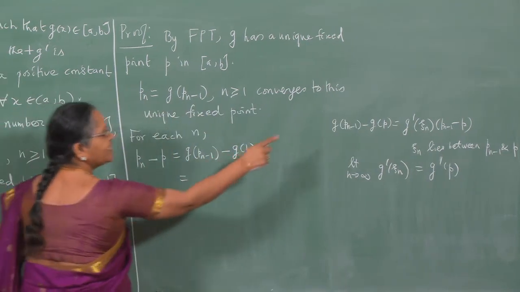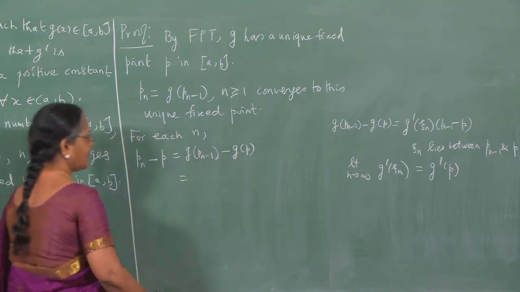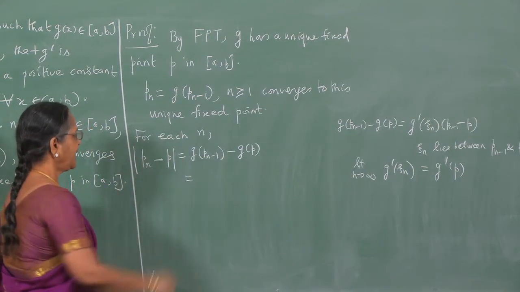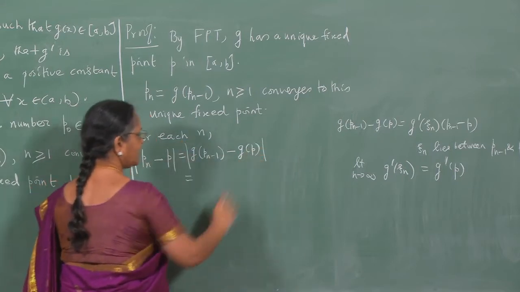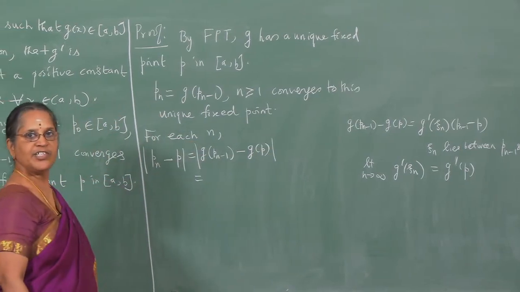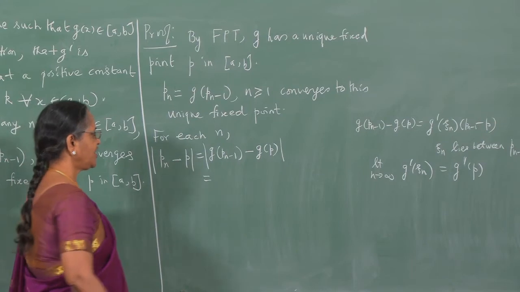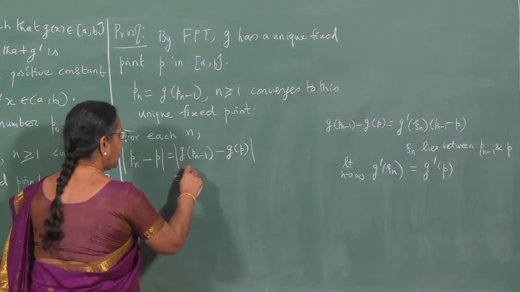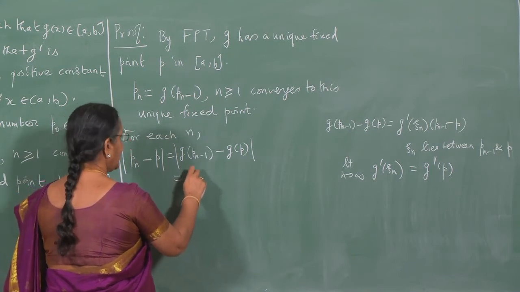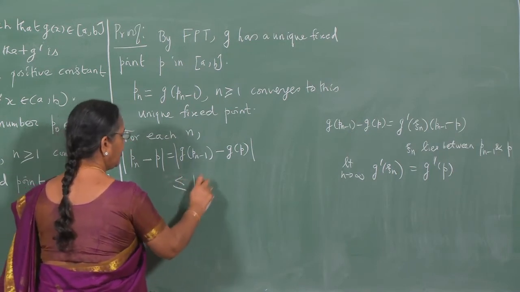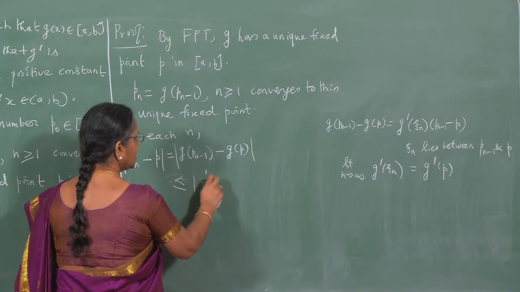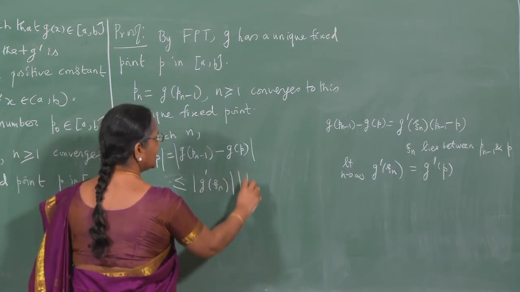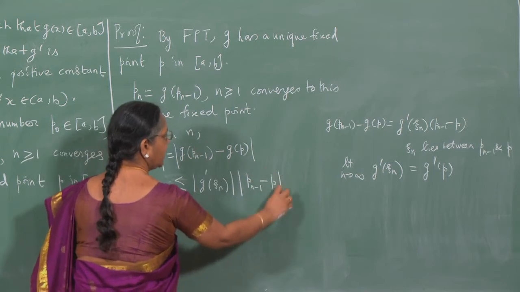So, we shall make use of this and take the absolute value of |Pn - P|, which is the absolute value of g(Pn-1) - g(P). That will be less than or equal to |g'(ψn)| times |Pn-1 - P|.